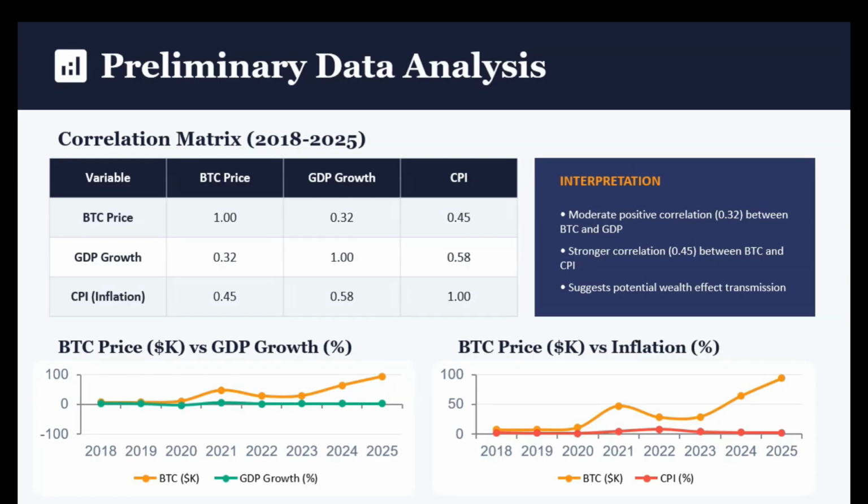So it means inflation versus GDP, it's about 53, 58. So all the variables are correlating positively, which is good.